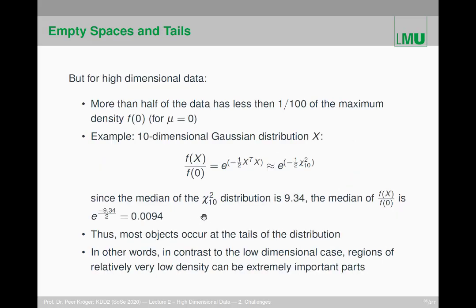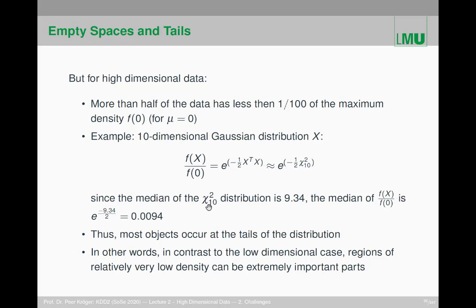However, for high-dimensional data, this is completely different. It may be that more than half of the data set has less than 1% of the maximum density. If we consider that the mean of the observations x of the Gaussian distribution is 0, then, for example, in a 10-dimensional Gaussian distribution, the relationship between f of x and f0 is something like this one here.